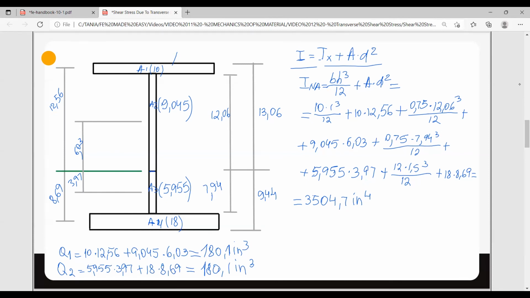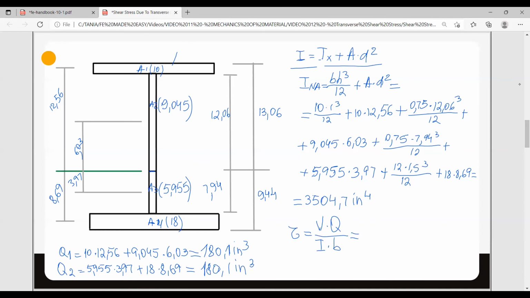So now that we know everything in our calculations, let's go and calculate the shear stress, the transverse shear stress. I will write the formula again: VQ over I times b equals tau.